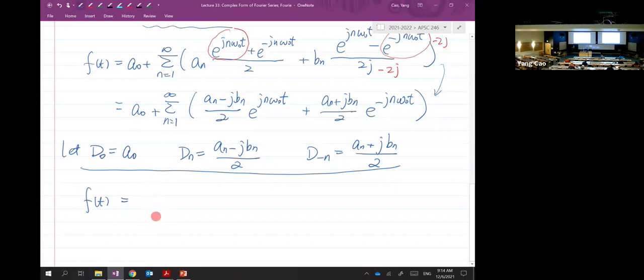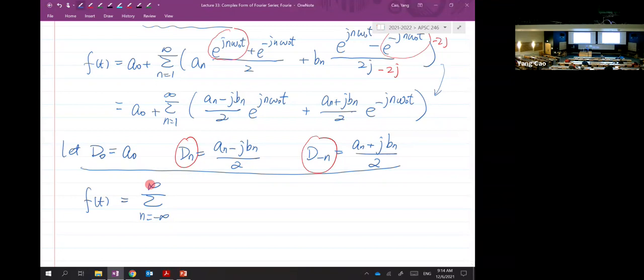So basically, this n initially goes from 1 to infinite. With this notation here, d_n and d negative n, see if you can accept that the n here, I can let it go from negative infinite to positive infinite.